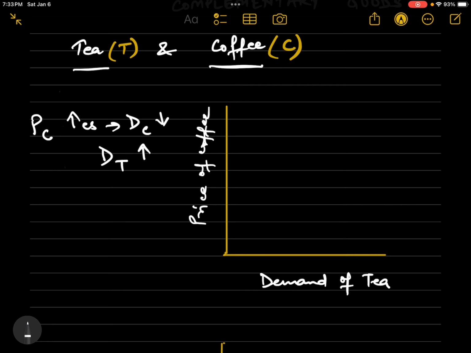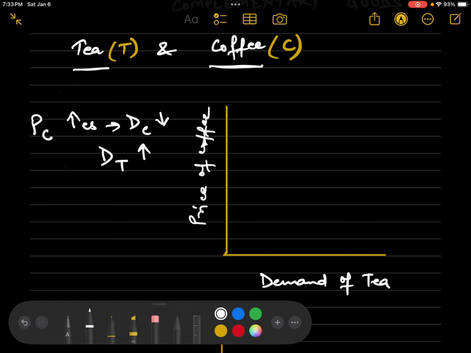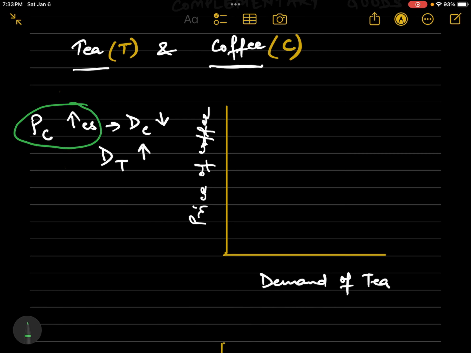Now you want to build a relationship between demand for tea and price of coffee. So what is the relationship between demand for tea and price of coffee in our example? You have to notice this and this. Both are increasing, it means there is a positive relationship. So directly I can say that the curve will be an upward sloping curve. Let's say this is your price of coffee and this is your demand for tea.